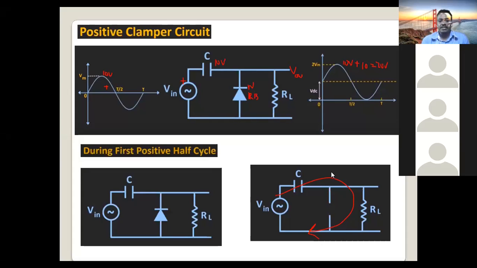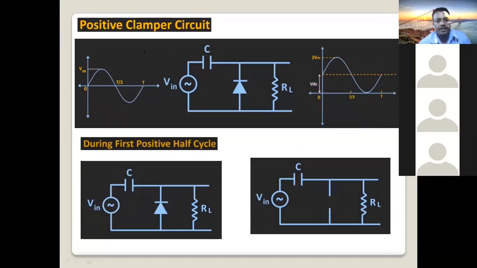So we are discussing how it works. Let me repeat again. We are applying a sinusoidal signal to this clamper circuit. As you can see here, the diode is connected with the N side here and the P side here. This is our capacitor, which is charged by this input. Now, what will happen when input is positive?